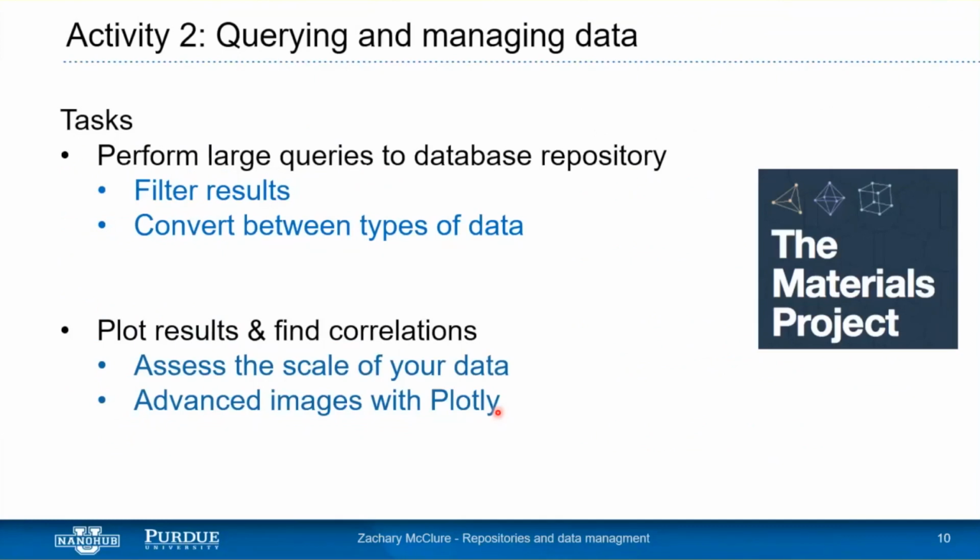The Materials Project database also boasts an amazing API querying system that allows us to perform these huge queries of an ever-growing database and then perform very quick filtering through Pandas data frame operations where we can convert between different types of data. And then after we have that data, we're going to figure out, well, what's our best candidate? And so we'll go through each of those steps one by one.